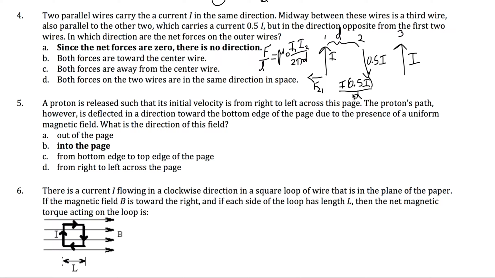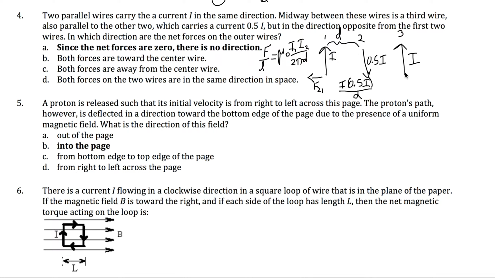So this gives you an idea of the force between these two wires, that there's a factor of 1/2 on top. There's no extra factor on the bottom. You still have the mu and the 2 pi here. I'm just not writing them because they're going to apply to all the forces. And now I'm going to look at the force between 1 and 3.